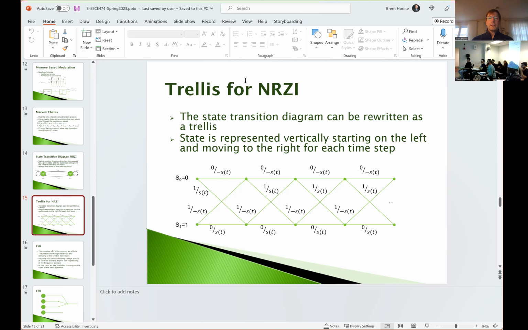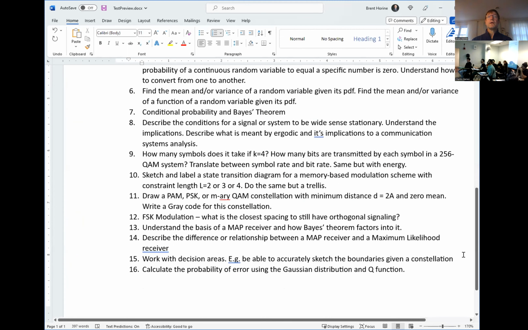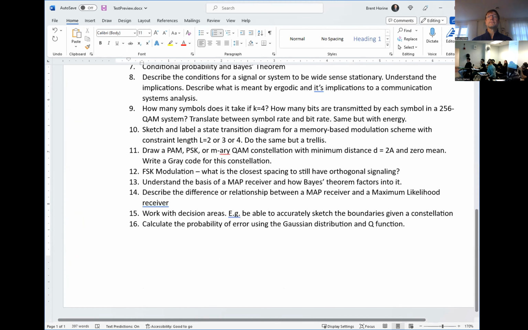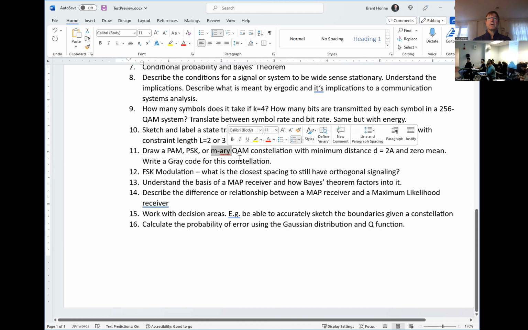All right, let's go back to the test preview. Okay, so draw a PAM, PSK or M-ary comm constellation. I'm not sure if I pointed out this notation here.